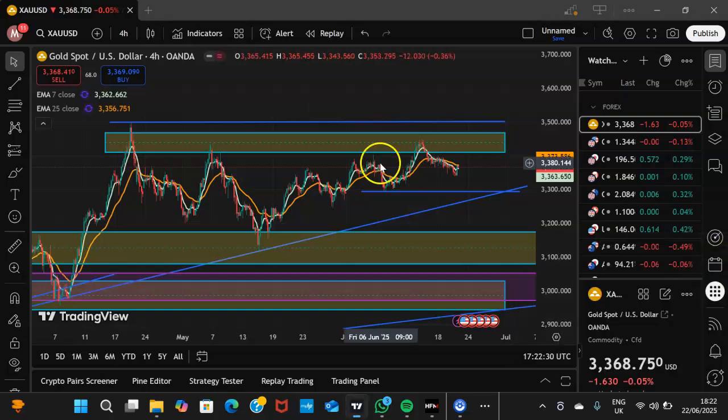What we notice on the 4 hour time frame is that after this retest of the demand zone here, price has been struggling to get to this region. It took almost how long? Initially, notice the period it took for price to get to this high, and then all of a sudden it's taking price this long to get to that same area, which happens to also be acting as liquidity.